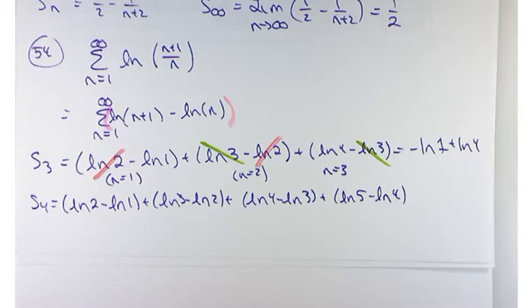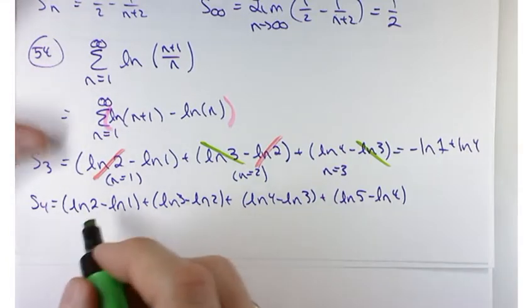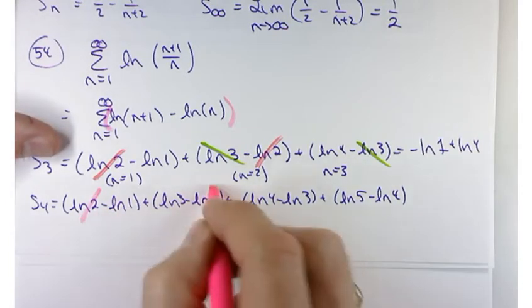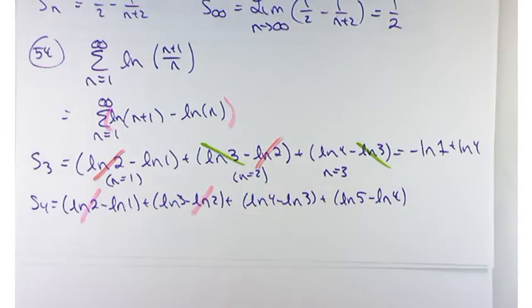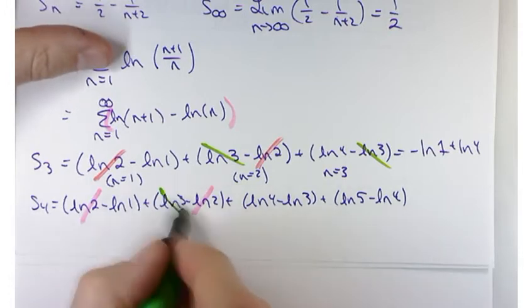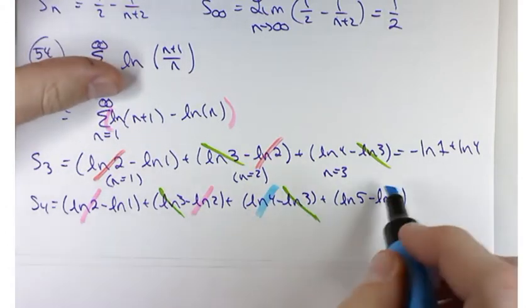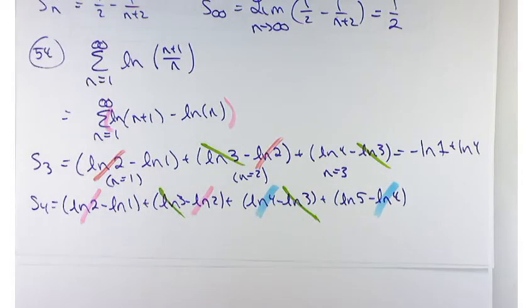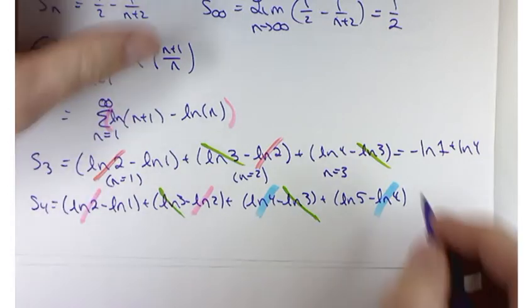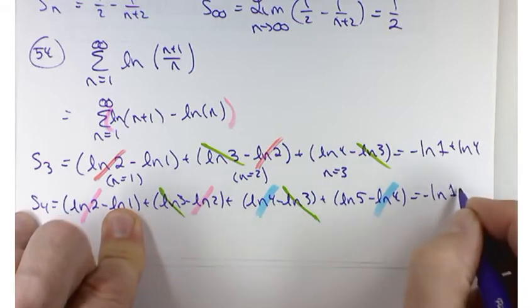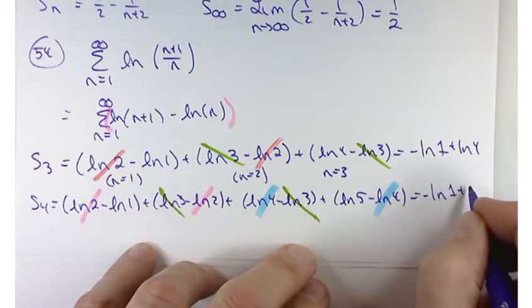Let's do some cancellation here. Ln of 2 and ln of 2 cancel. What else can we cancel? Ln of 3 and ln of 3, and ln of 4 and ln of 4. So again, what we're left with is the first term, minus ln of 1, plus ln of 5.